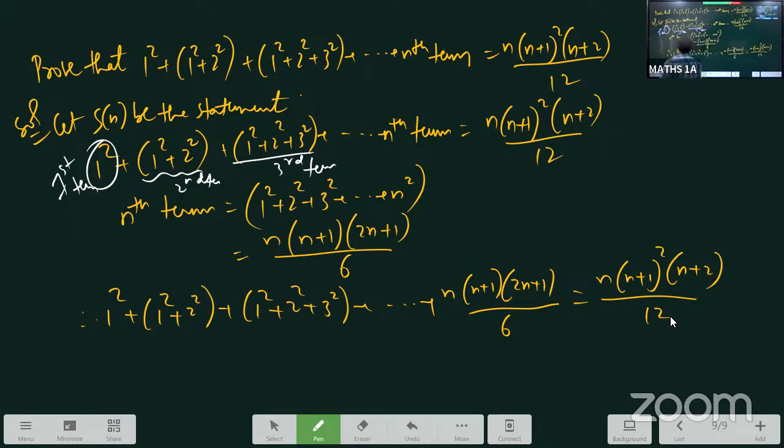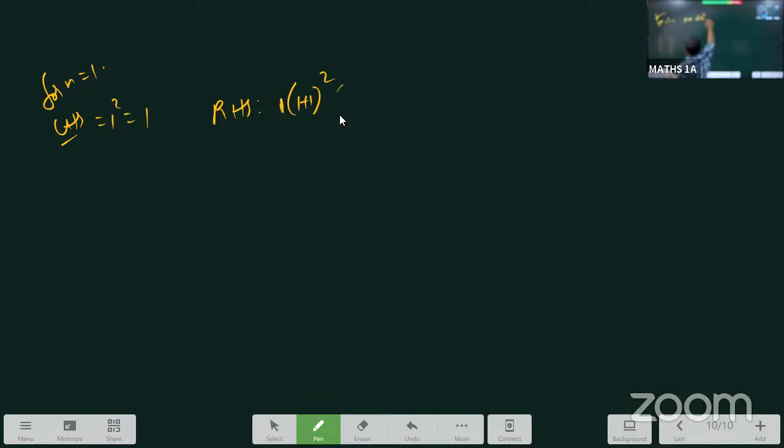Now, same as usual, for n equal to 1, means first term. So, for n equal to 1, LHS, that is 1 square is 1. In RHS, you put n equal to 1. That is 1 into 1 plus 1 whole square, 1 plus 2 by 12. 1 plus 1 is 2.